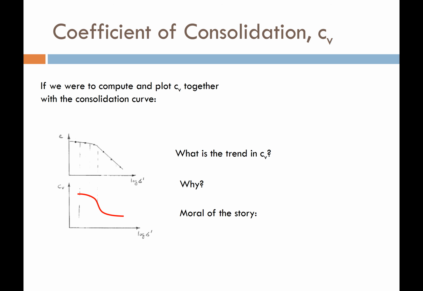So what trends do we observe here? Well, first of all, we observe that we get higher coefficients of consolidation for over-consolidated soil than we do for normally consolidated soil, which means that over-consolidated soil consolidates faster than normally consolidated soil. And why is that?